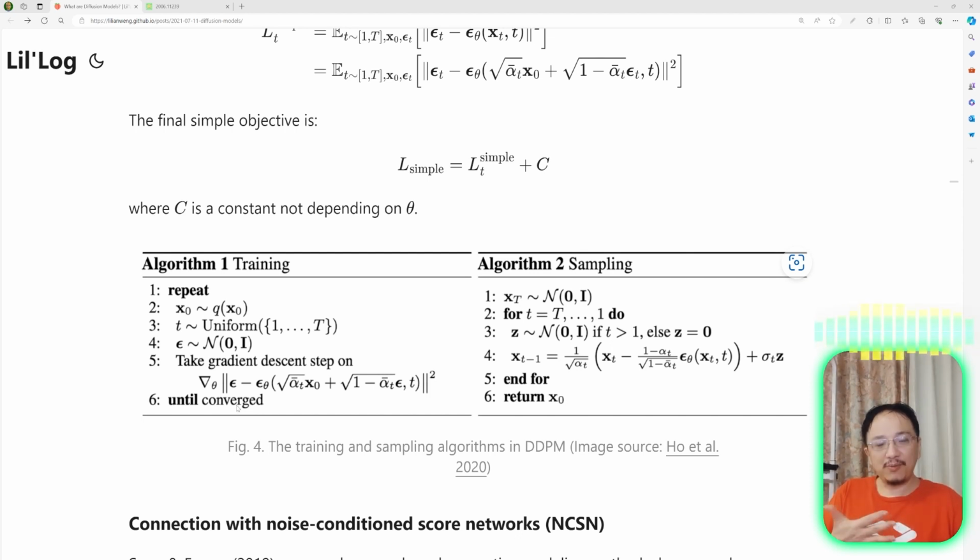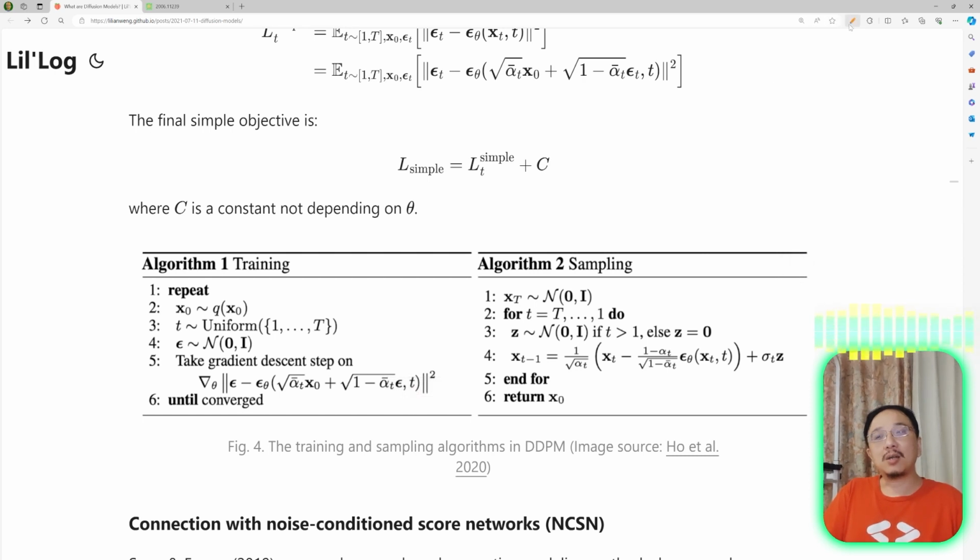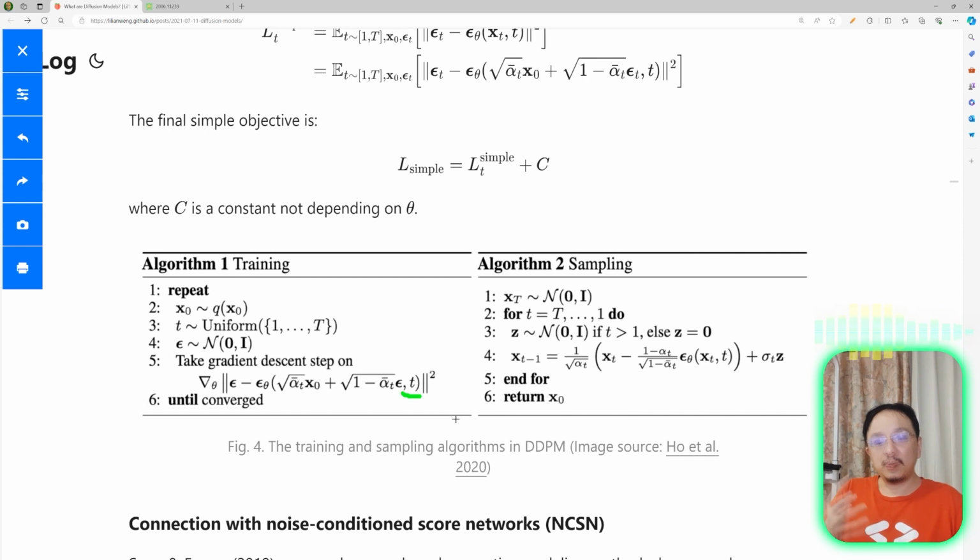The only difference, or maybe we should say the slight variation, is that this denoise autoencoder works on different levels of noise. We are given a step here in our model, and the model is going to do the denoising according to the corresponding level of noise, depending on this time step.